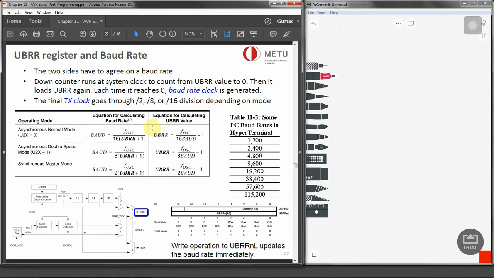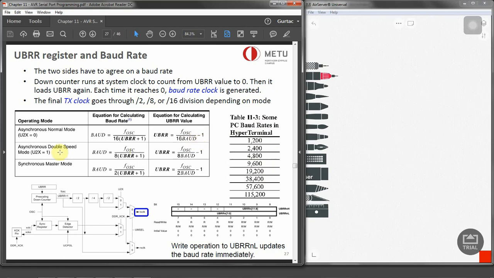Otherwise, if you want to calculate the UBRR that we need to load for that register, we just need to divide the frequency of the oscillator by 16 times the baud, minus 1. The baud rates are normally given for the hyper terminals that we are using.